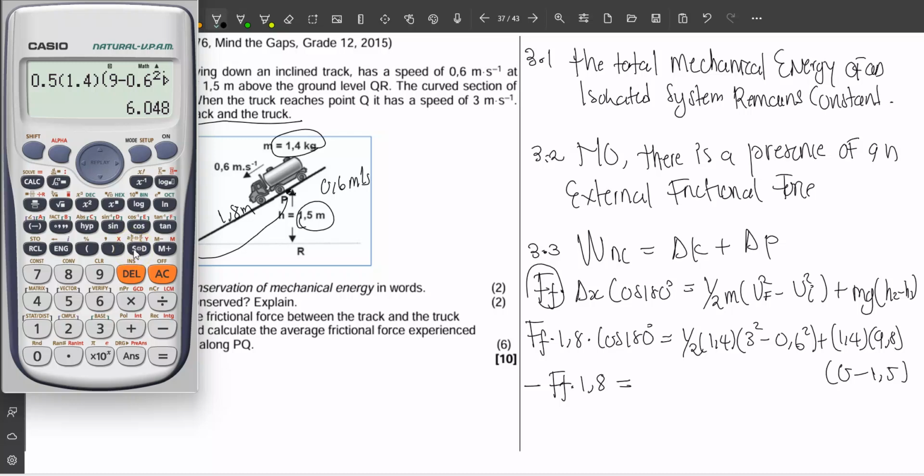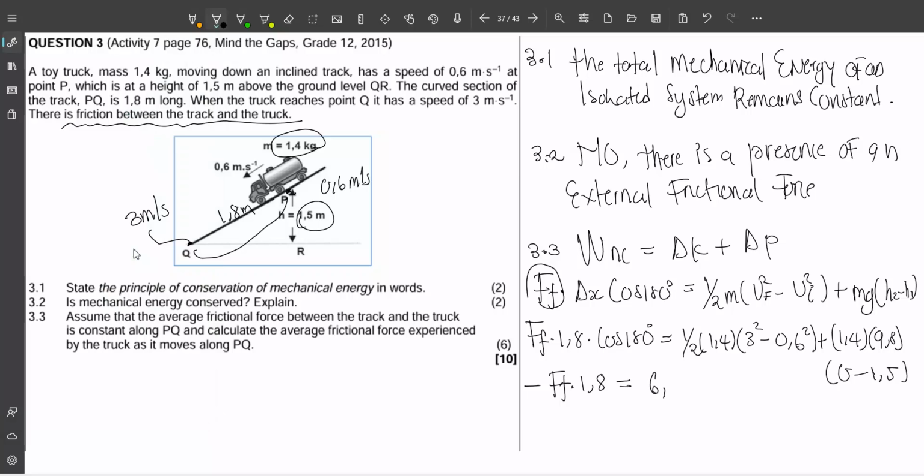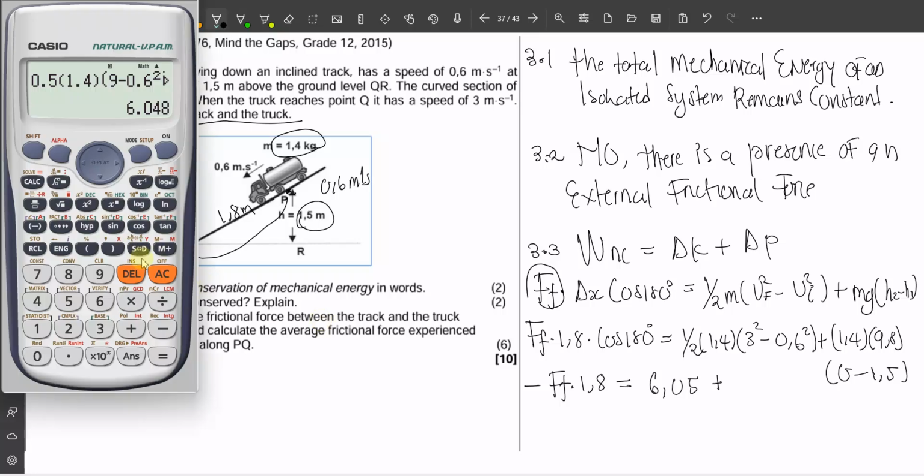All of this gives a value of 6.05, plus mgh, which is 1.4 multiplied by 9.8 into negative 1.5.